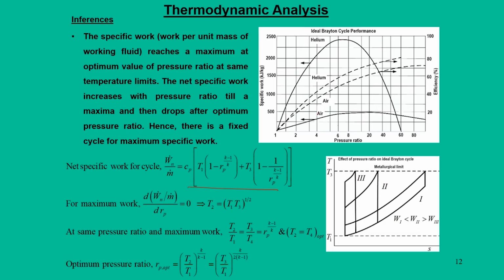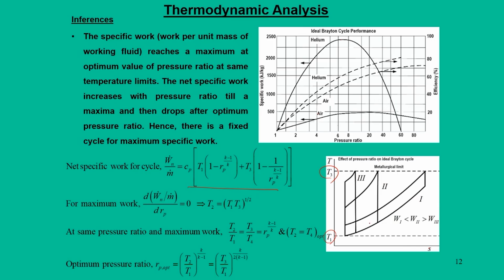If you see this particular plot, the temperature-entropy diagram shows the effect of pressure ratio in Brayton cycles. Basically, T3 is the maximum temperature, which is fixed by the turbine supporting systems or the metallurgical requirements of the blades. The minimum temperature is fixed by the atmospheric conditions. So, within this maximum temperature and minimum temperature, there can be any number of Brayton cycles.